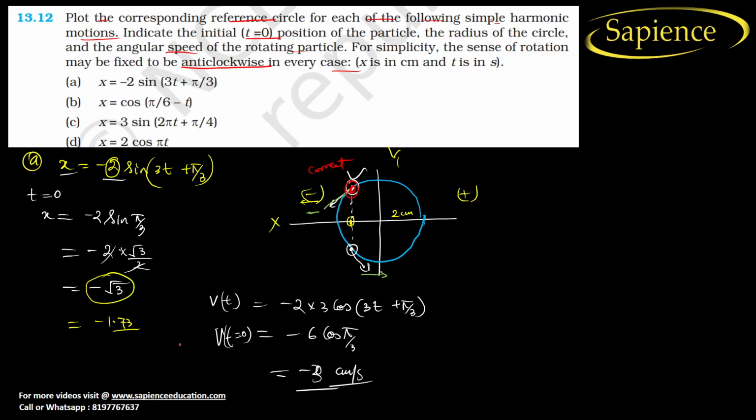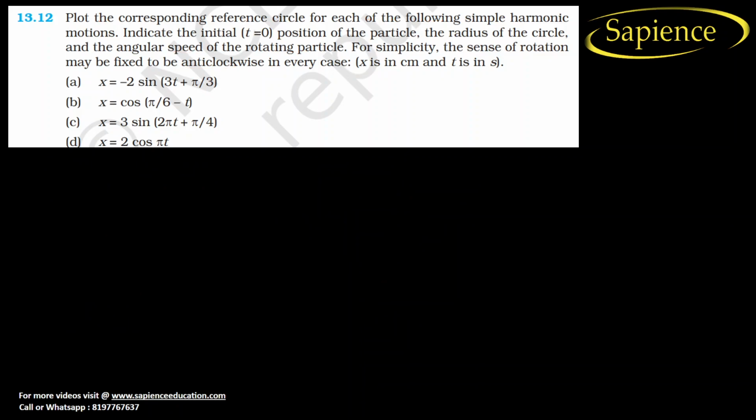Now we will do the same for the next curve, that is question number B: x is equal to cos(pi by 6 minus t).